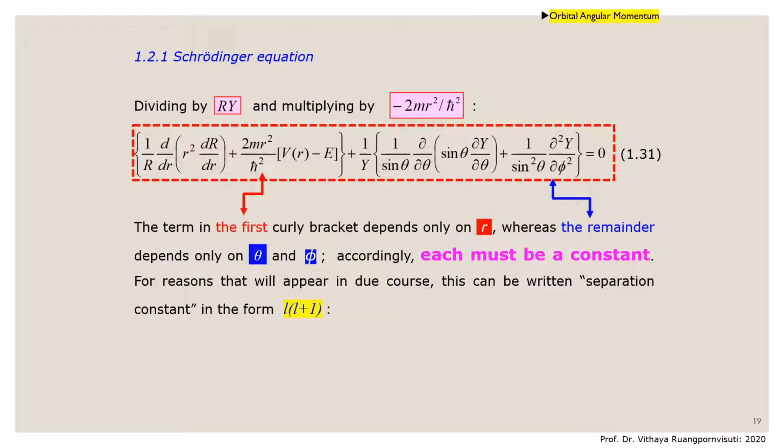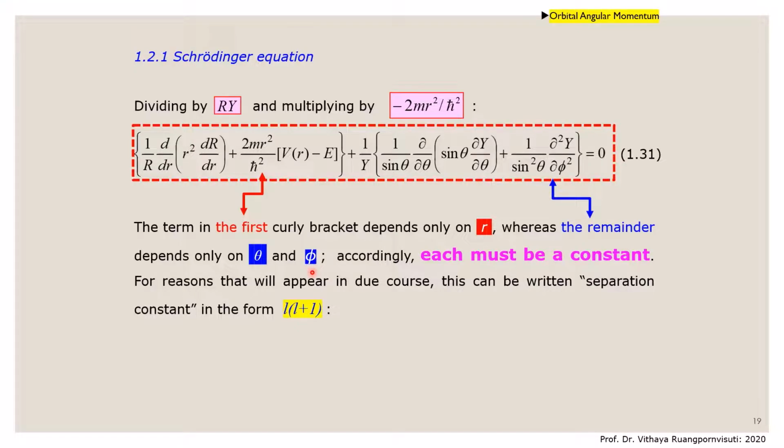After arranging the equation to get equation 1.31, it can be seen that the first term in the curly bracket depends only on the radius r, whereas the remainder depends only on the angles theta and phi.